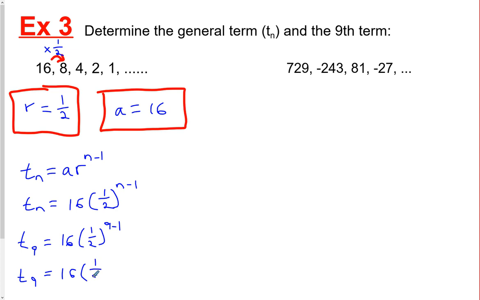Now you could plug 1/2 to the power 8 into your calculator. In fact, I'd like you to try that right now. Make sure you put the 1/2 in brackets so that you're not doing only one part of it to the power 8. So put the 1/2 in brackets and put it to the power 8 and you'll get some decimal. Check it out and try it out right now and see what you get.